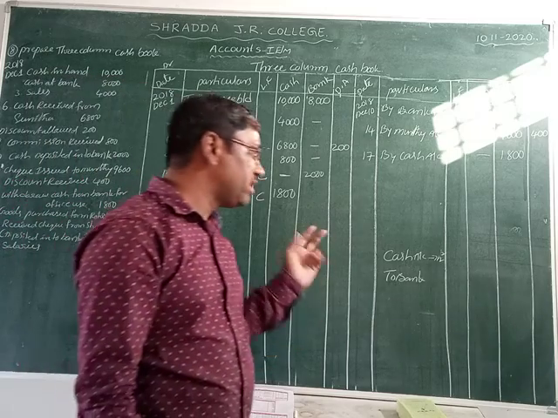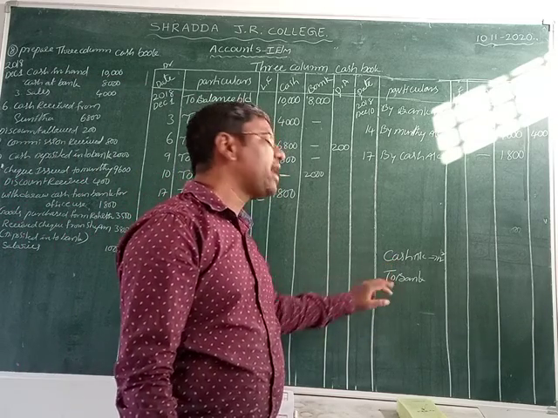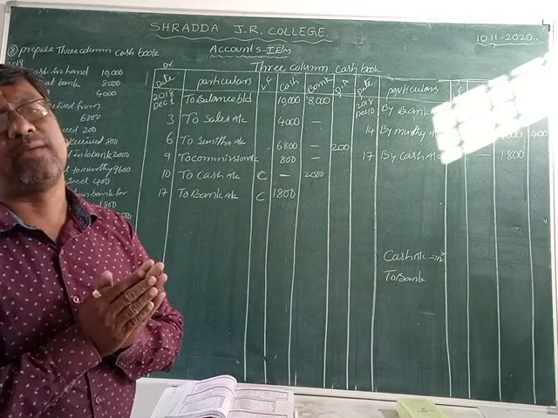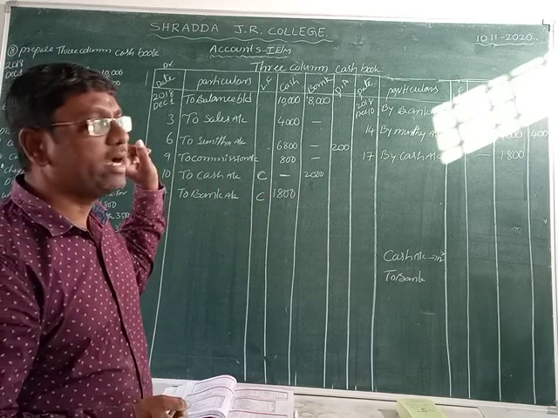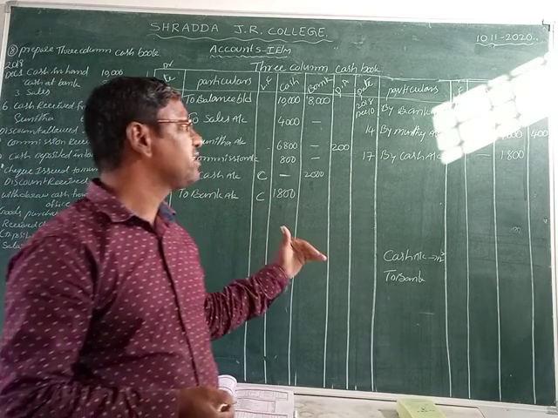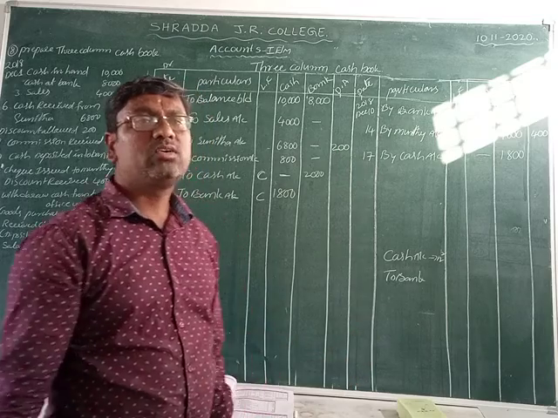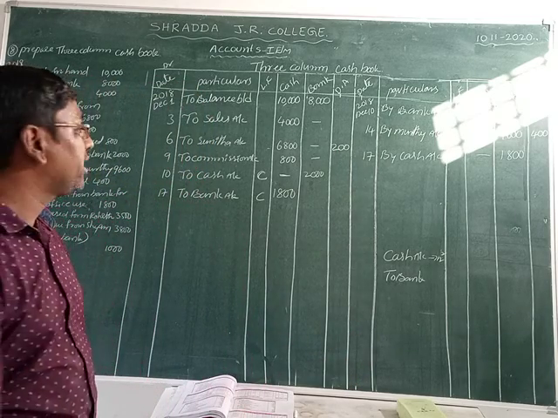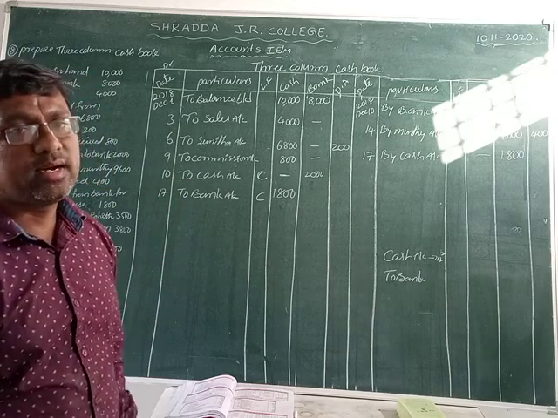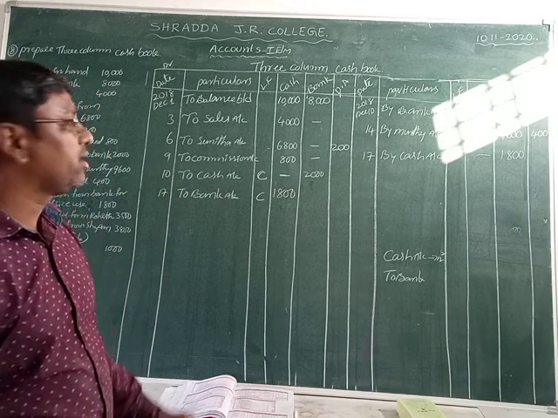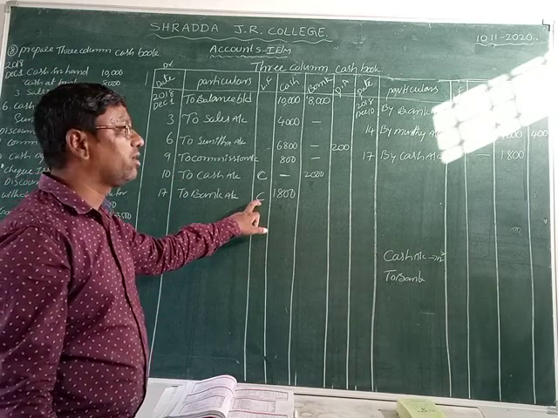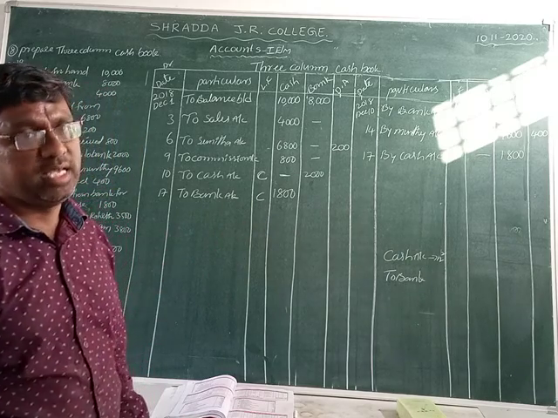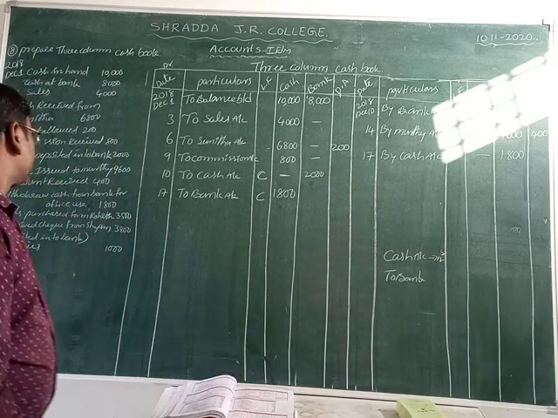That's why we are taking debit and credit. One debit is recorded on the debit side, credit we record on the credit side. So on the same date, a single transaction we record on both sides. That's why it is a contra entry. That means we write C in the LF column, isn't it?